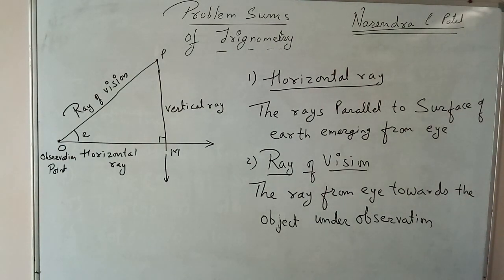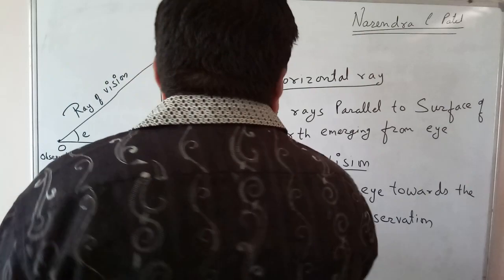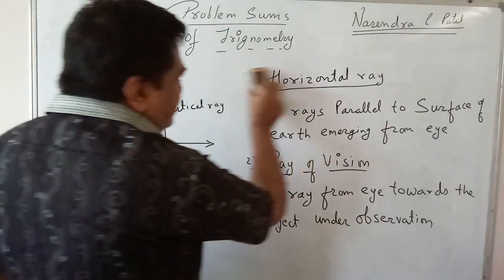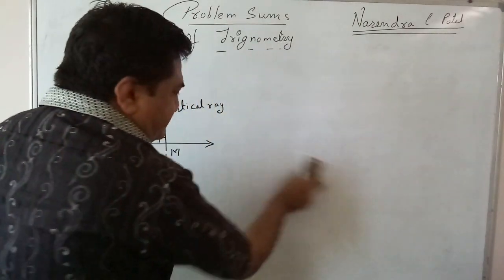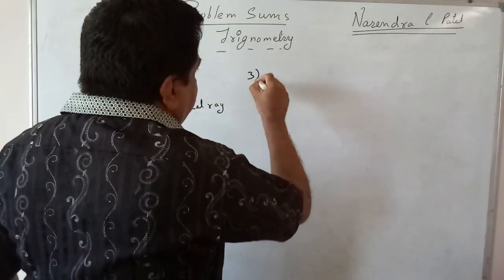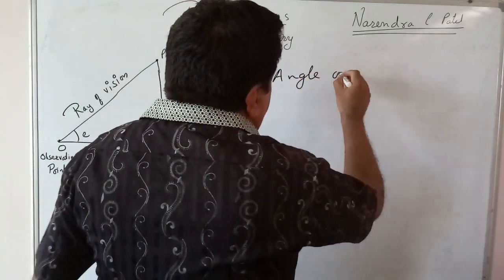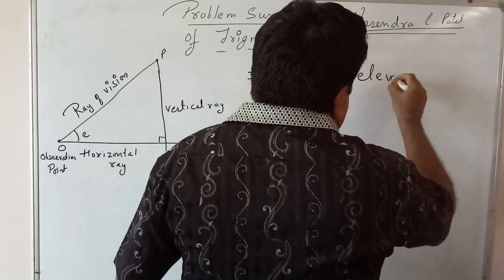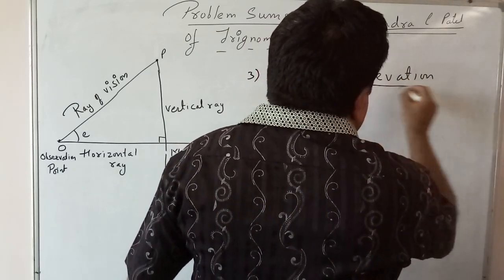Now let me explain what is angle of elevation. These two you understood. Now let me write angle of elevation. Third is angle of elevation. What is angle of elevation?